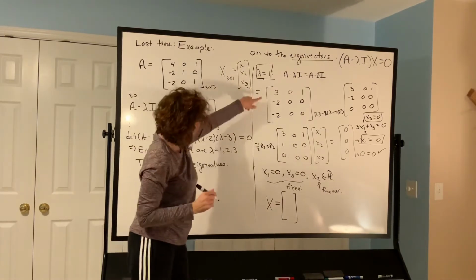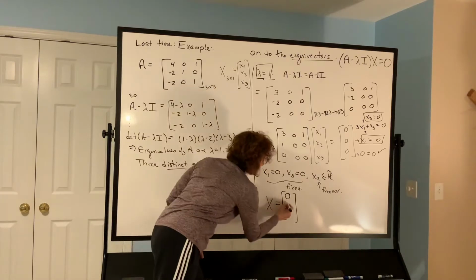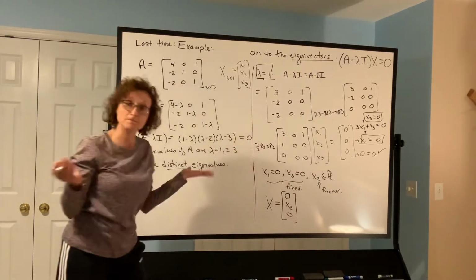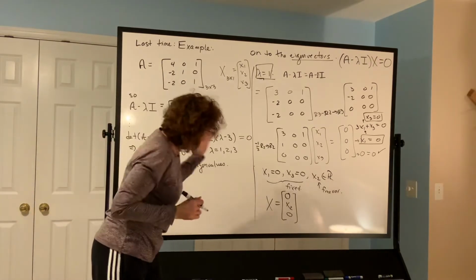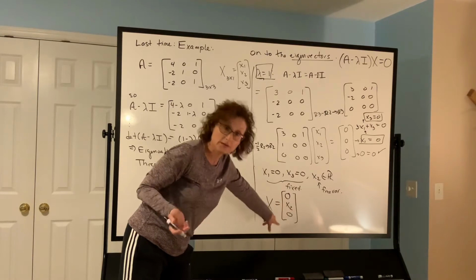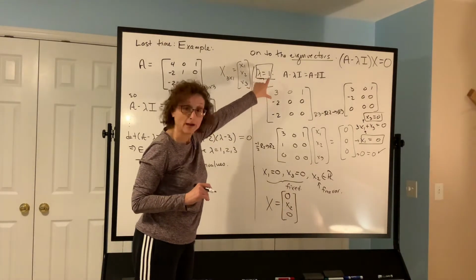And what is x1 in this case? 0. What is x2? Just itself. And what is x3? 0. Make sense? So any vector that looks like 0, x2, 0 will be an eigenvector for this eigenvalue, right?